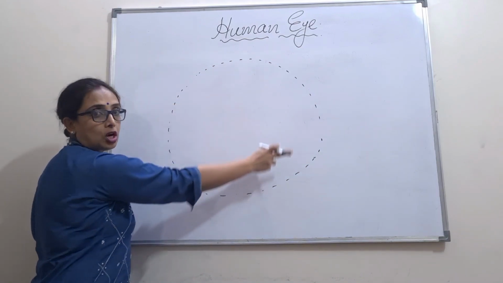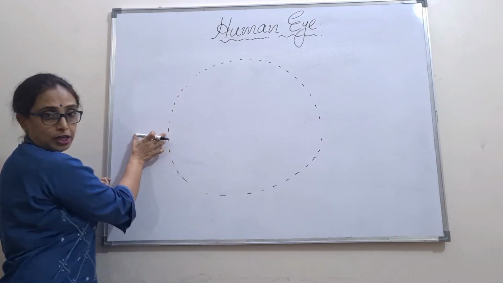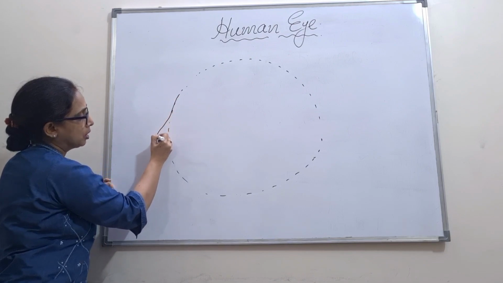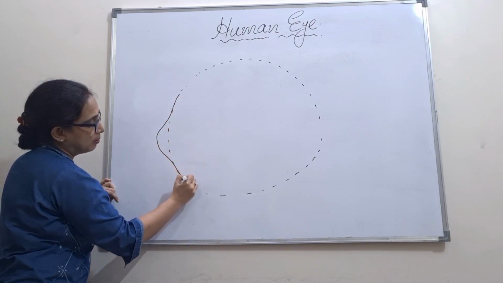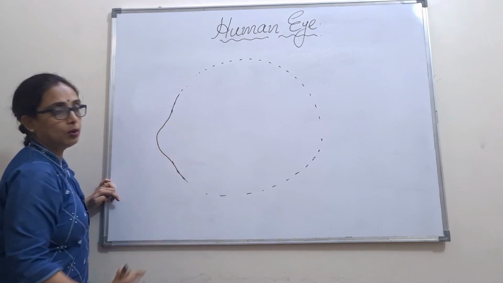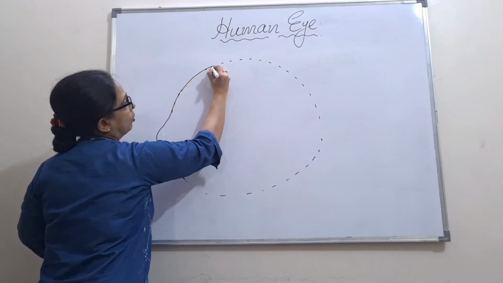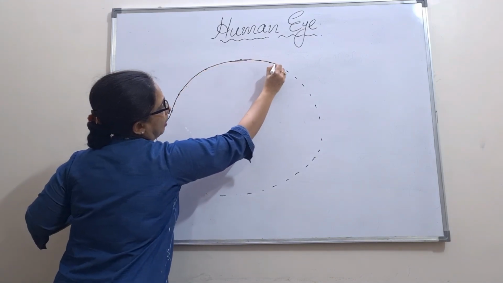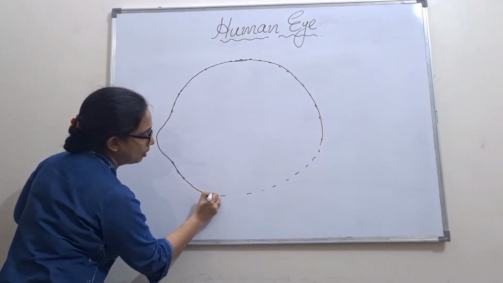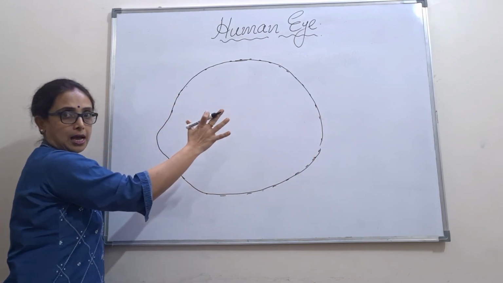Once this dotted line is drawn, from the front portion we have to give a bit of bulge, just like this, and then we can rub this area well. After this, these dotted lines can be joined and we can make a full circle out of it. So here we are drawing the structure, the skeleton of the eye.